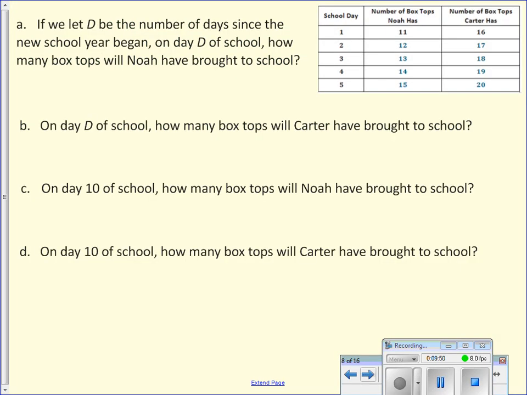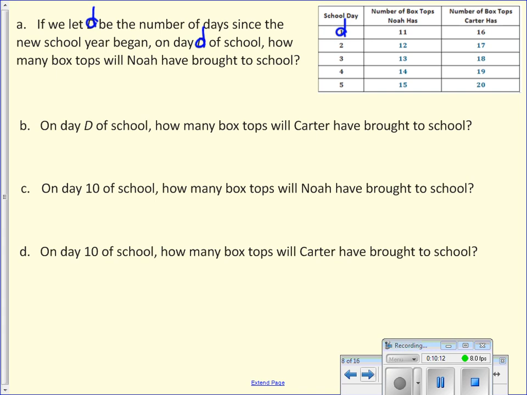Okay, so now looking at the table, if we let D be the number of days since the new school year began, on day D of school, how many box tops did they each bring in? So if my day equaled 1, what did I have to do to get to 11?